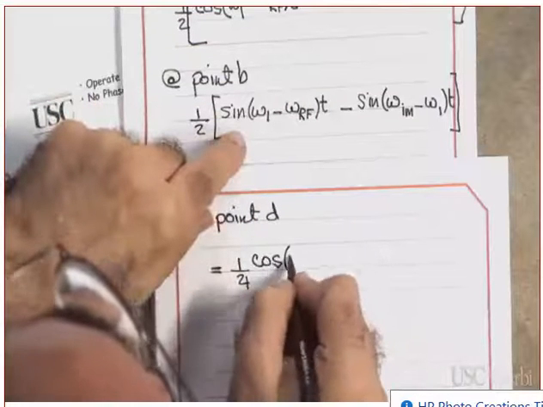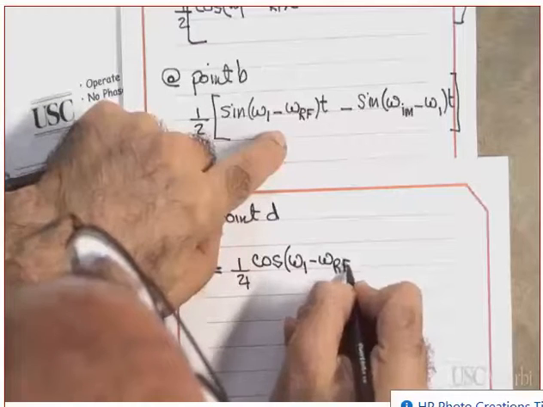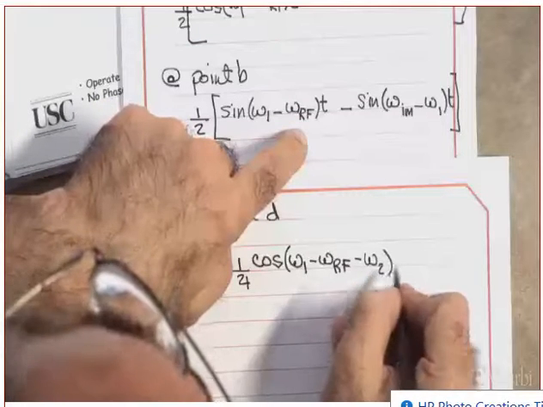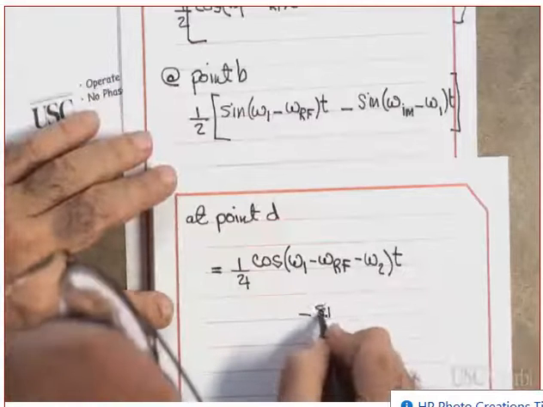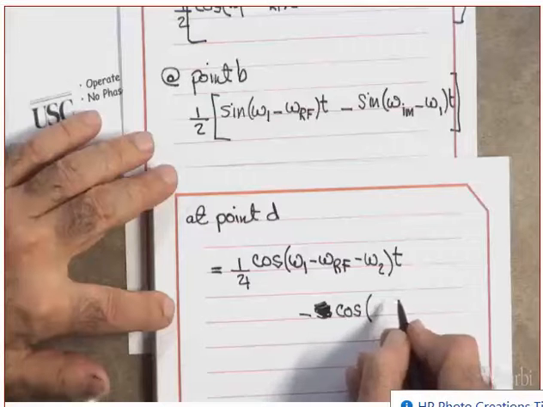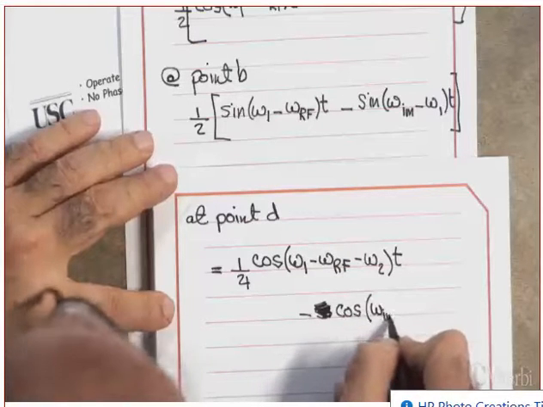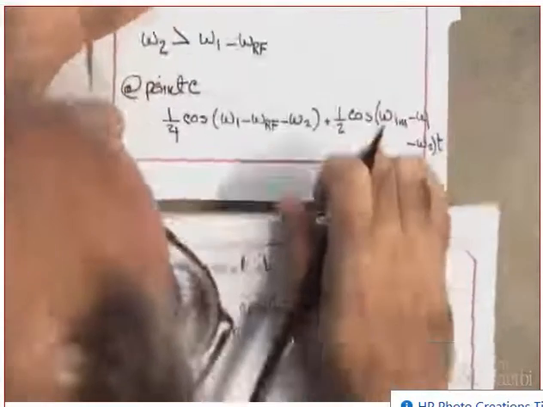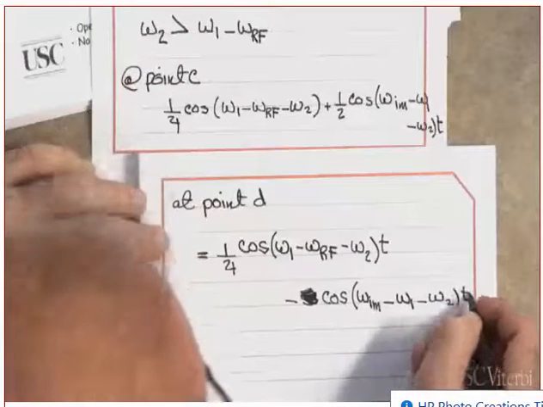Cosine (omega 1 minus omega RF minus omega 2)t, minus cosine, is it minus? (omega IM minus omega 1 minus omega 2)t.